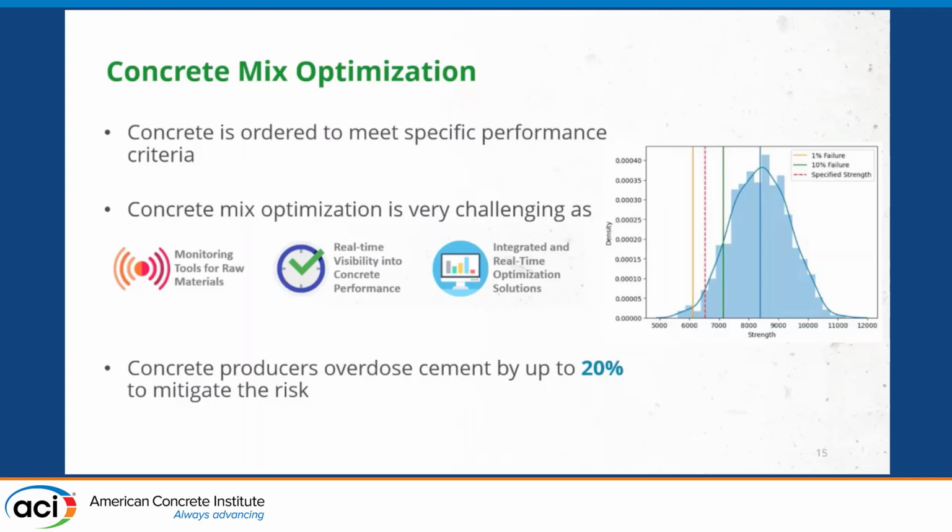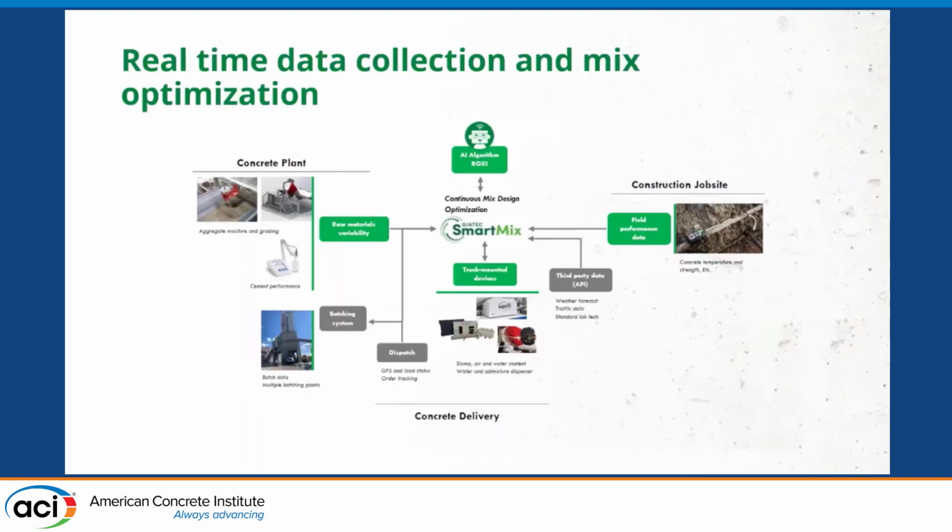So in order to actually understand what's going on, we're getting data from everywhere, right? We're getting data from the lab, from the raw materials, the new systems on the trucks, the third-party labs, field data. We're just getting all of that mismatch into an algorithmic system, and then we keep learning.